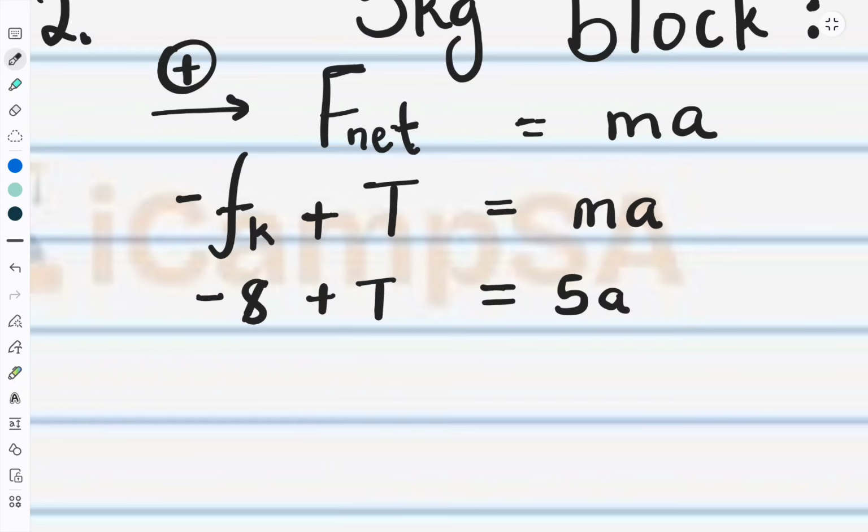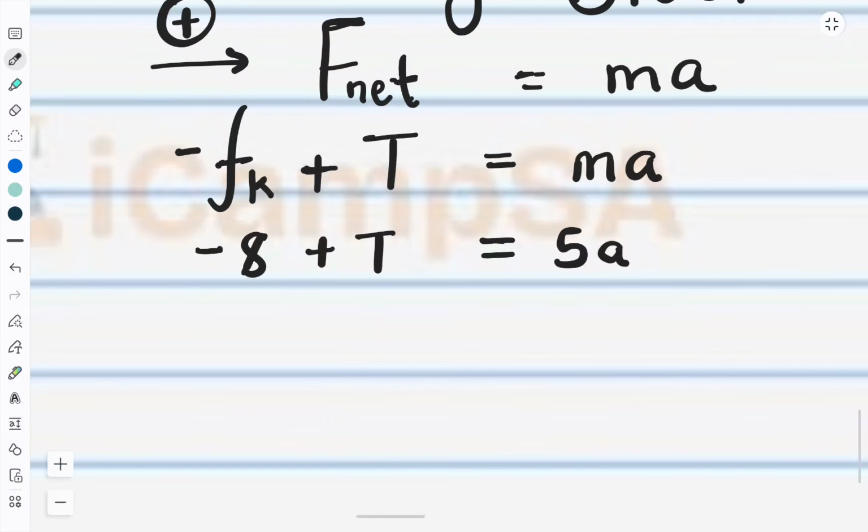Whenever you're trying to solve for something, you do not make that one the subject, especially since we'll be doing simultaneous equations here, unless you will be manipulating the equations. But what you can do is say A will be minus 8 plus T, or actually you can change this to look friendlier. It's T minus 8, all this over 5, right?